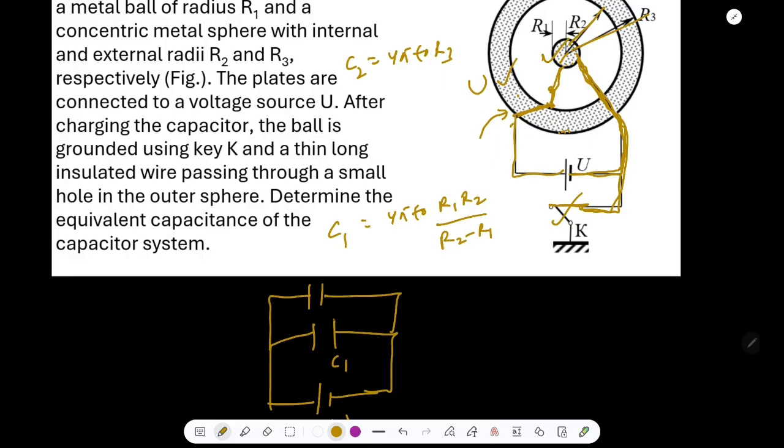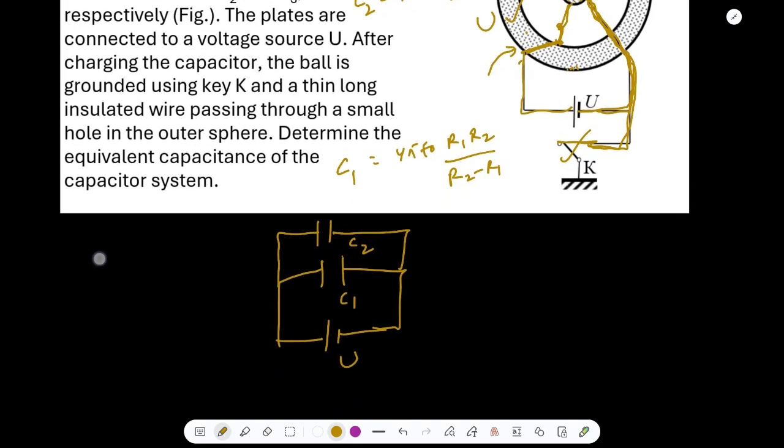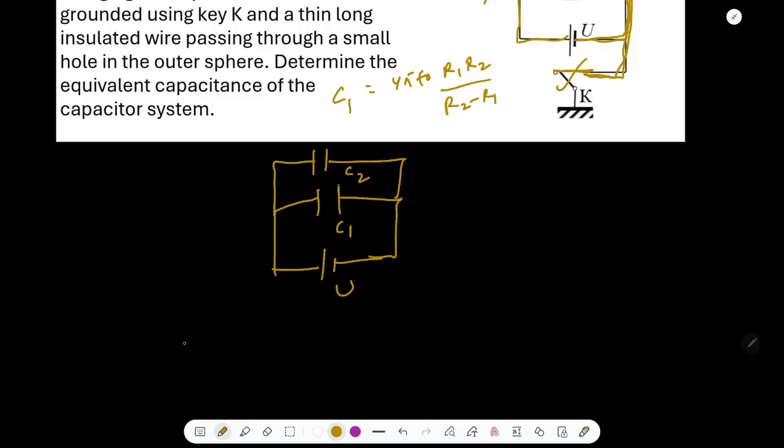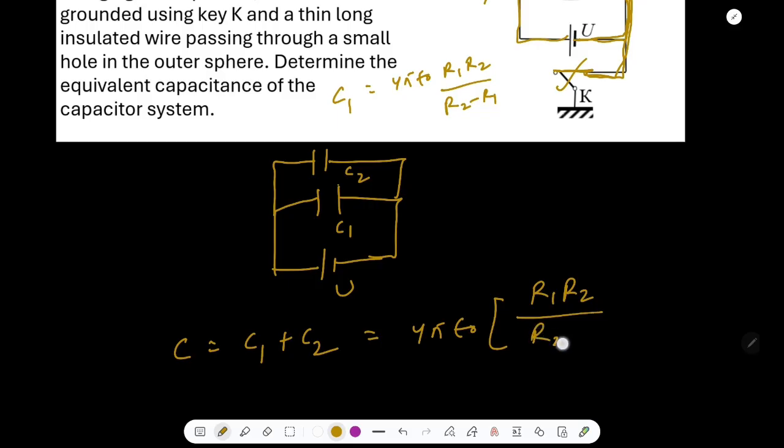That is why we have an equivalent capacitance system like this, and we know that the equivalent capacitance of the system can be found simply by adding them, C1 plus C2, because they are in parallel. And now you can get your result simply as this. You are free to calculate this. So thank you very much for watching this problem 2.